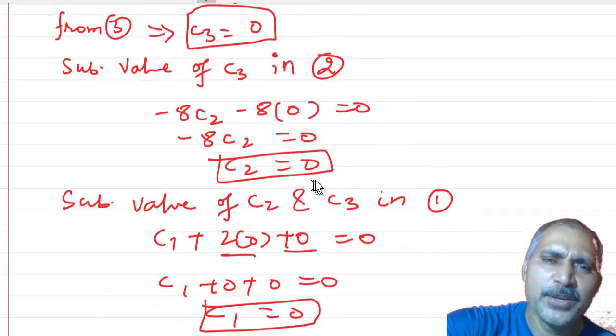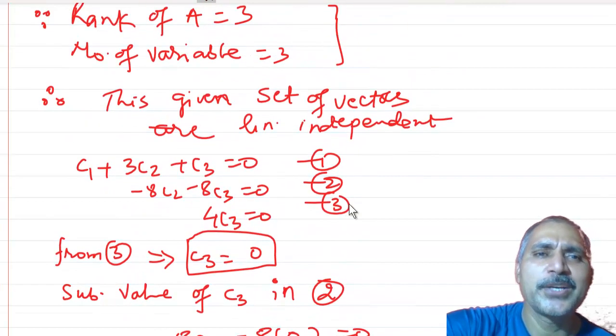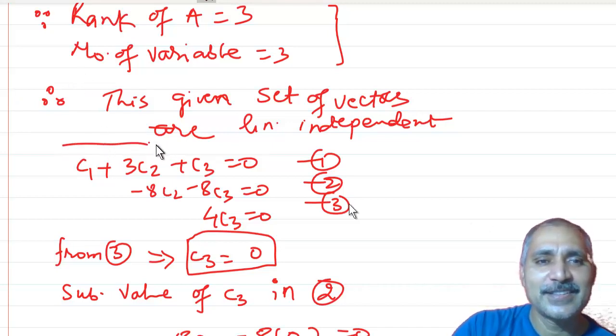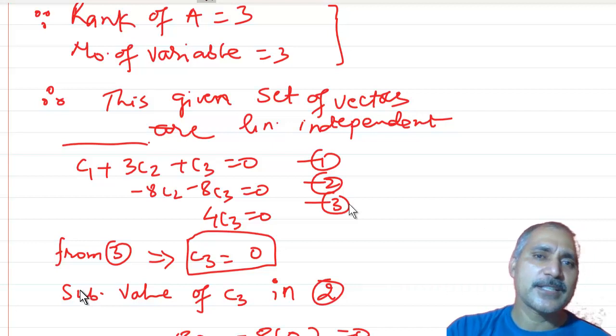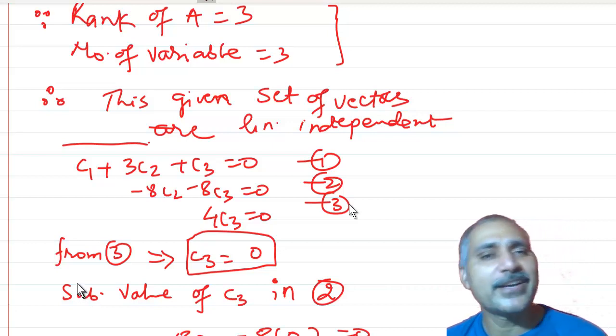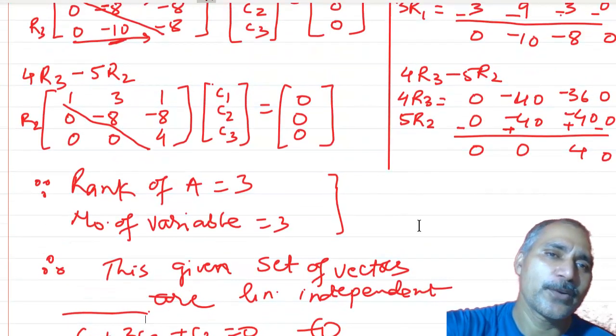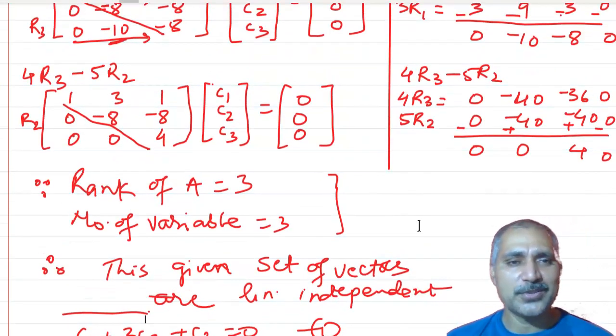So if we use the concept of rank, there is no need to do this many steps. We have got the answer here. These are the extra steps. So to avoid that, we can use the concept of rank. After just converting into echelon form, we came to know the rank.